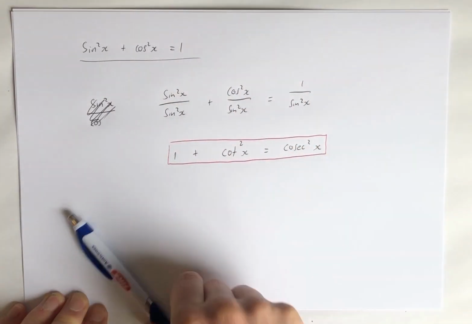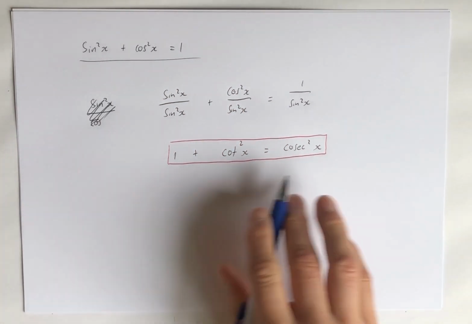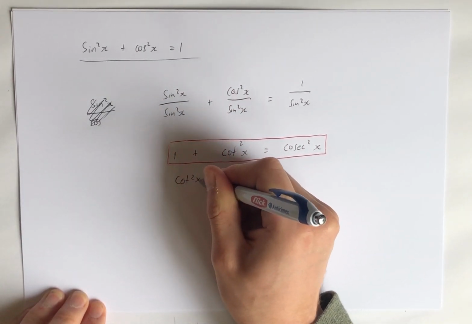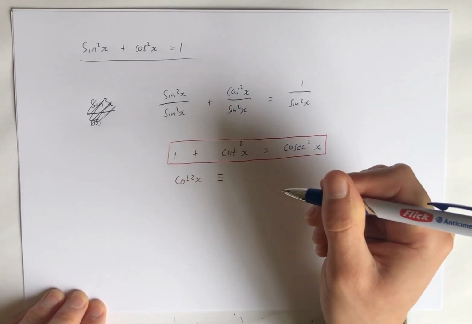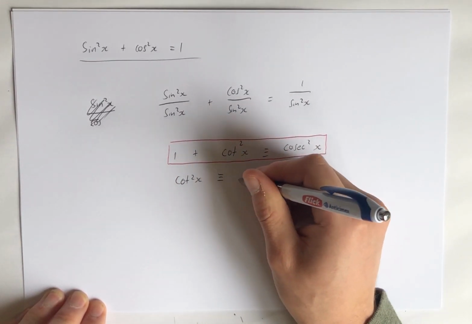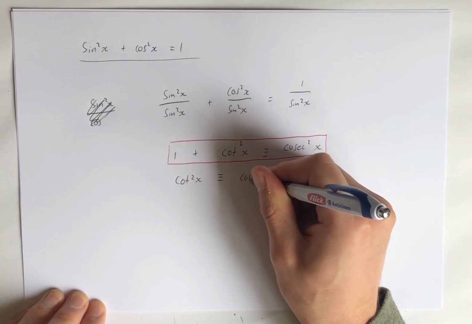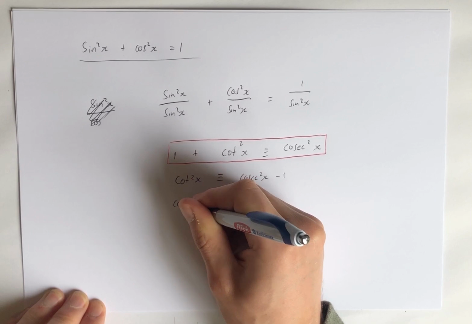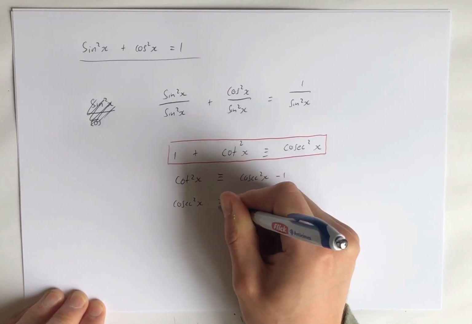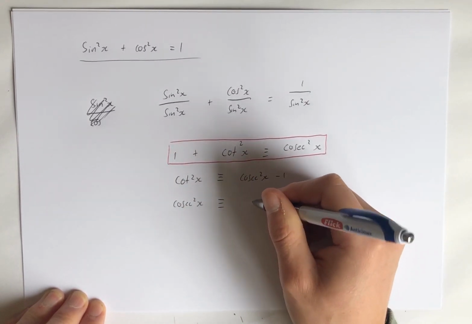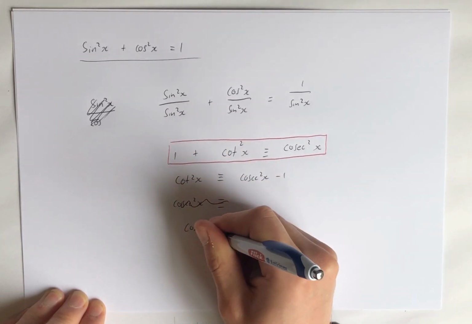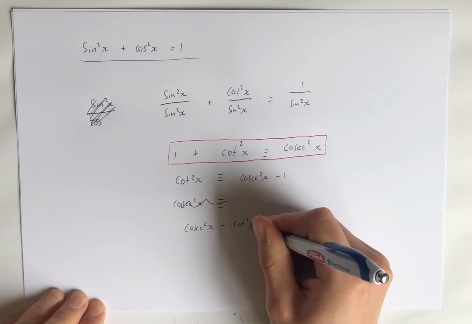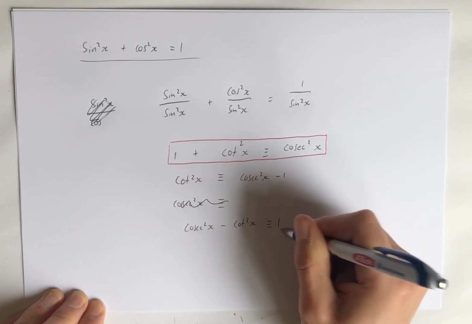And what we usually get on your formula sheet, it will have this identity written in the 3 separate ways. It will have cot squared x is equivalent to cosec squared x minus 1, and it will have cosec squared x take away cot squared x equivalent to 1.